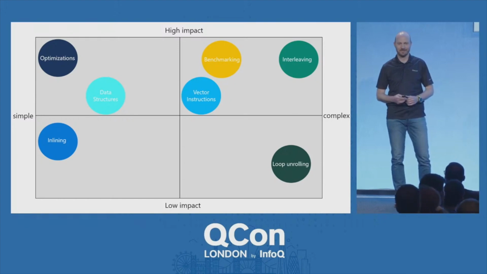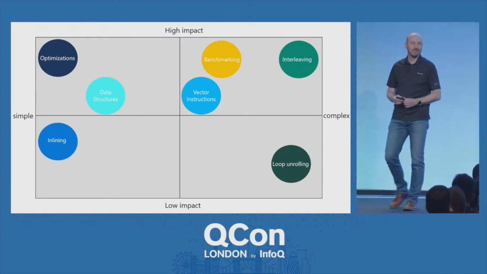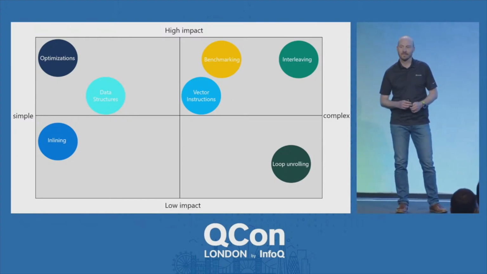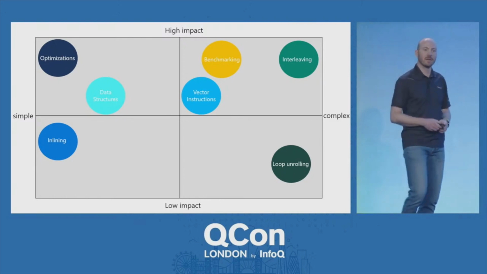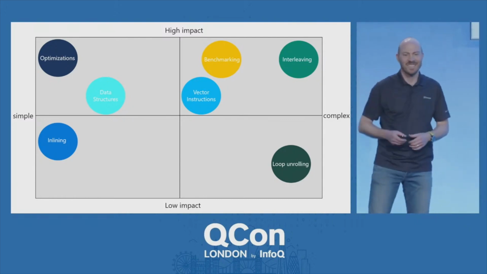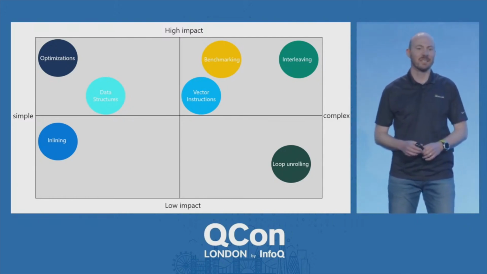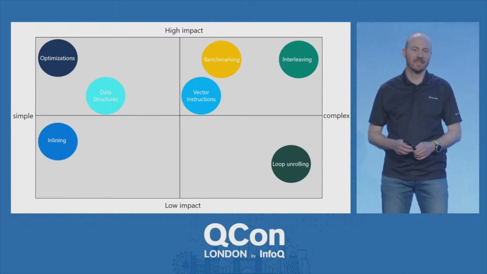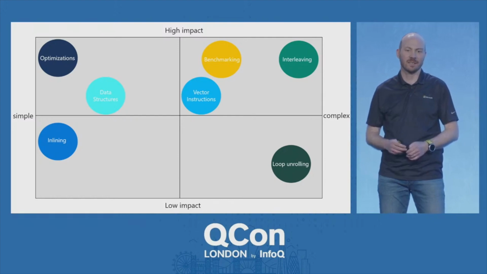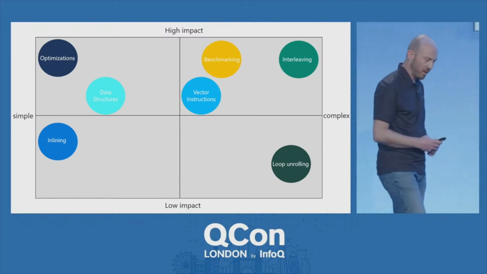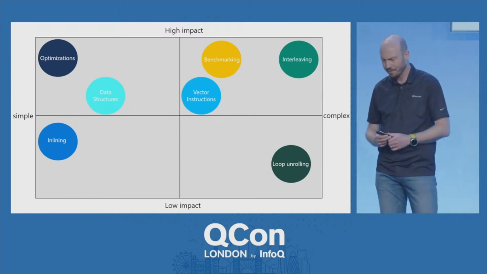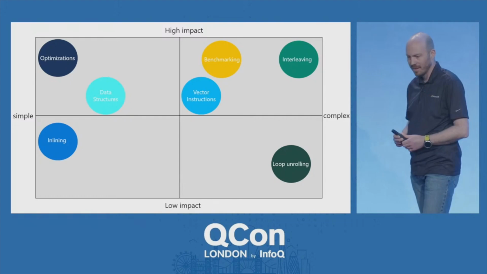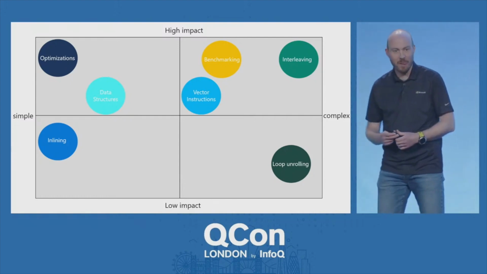Yes. Hi. What is your view on frameworks that will automate the generation of this super optimized code? Sorry, I didn't see that question. Where is it? Sorry, here. What is your view on frameworks that will automatically generate all this highly optimized code? So the question was, what's my view on frameworks that will generate this highly optimized code, automatically based on benchmarks that will run automatically for you?